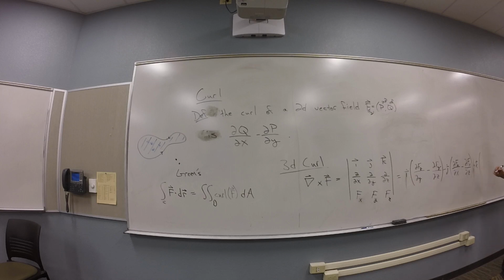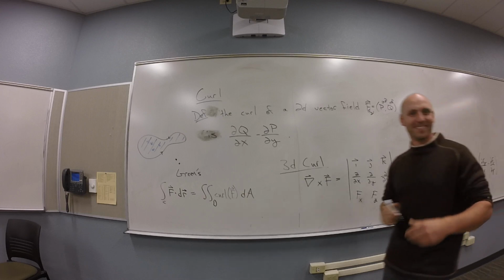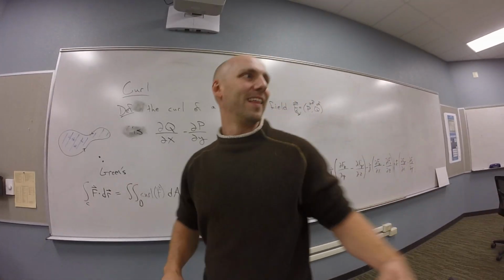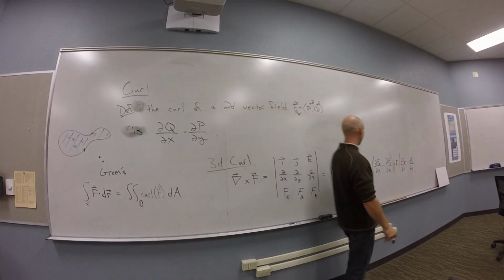And what's your last one here? The partial of Fy with respect to x, minus the partial of Fx with respect to y. That one look familiar? Should. What's that last thing? 2D curl. Yeah, that last thing is 2D curl, right?